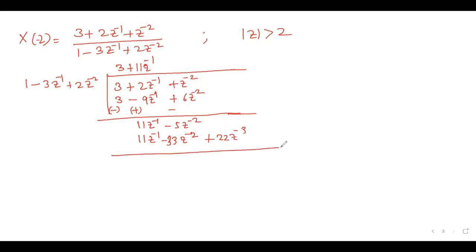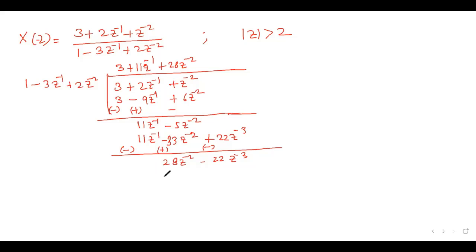ঠিক আছে, now again minus plus minus কত হচ্ছে? 28 z to the power minus 2 minus 22 z to the power minus 3. ঠিক আছে এবার what will be the quotient now? Very good, 28 z to the power minus 2.